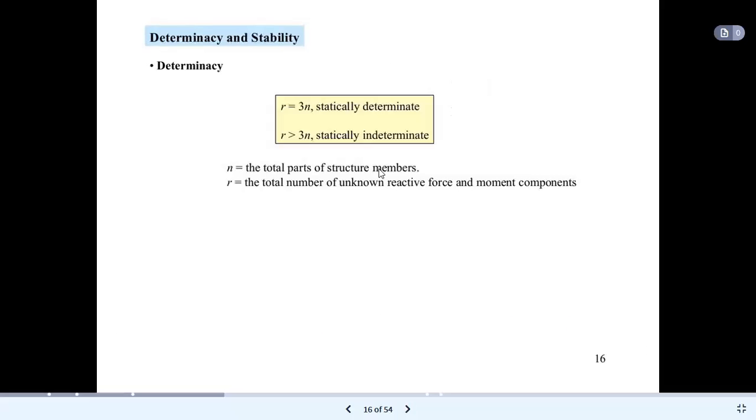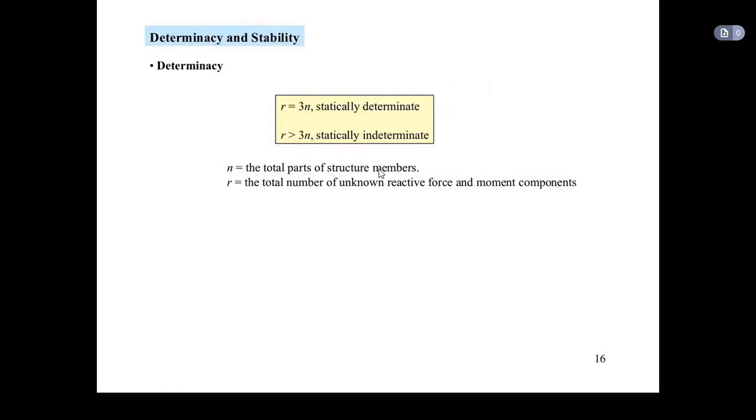For that, we have to designate the structure as statically determinate if R is less than or equal to 3N, or if R is greater than 3N, the structure is designated as a statically indeterminate structure, right? So what is R?